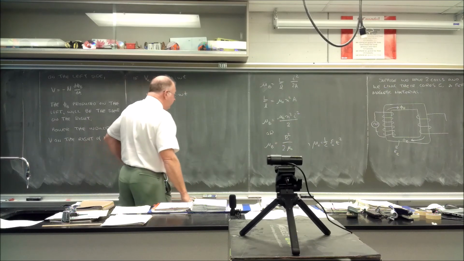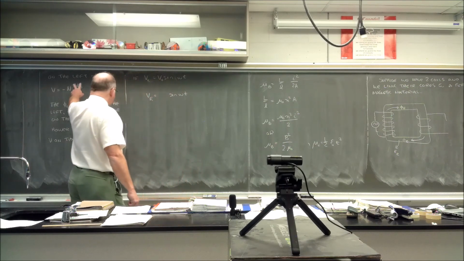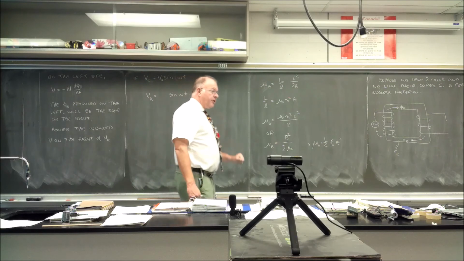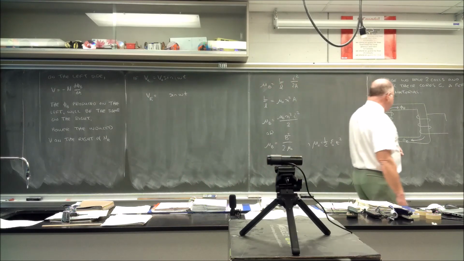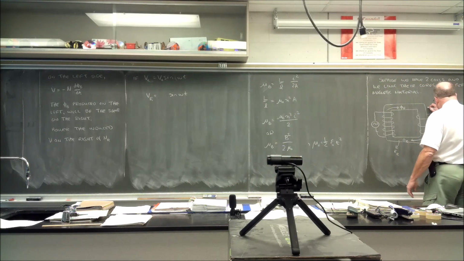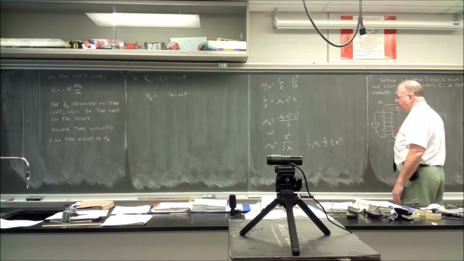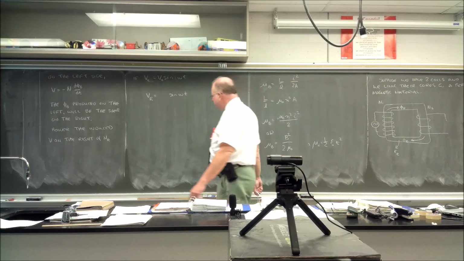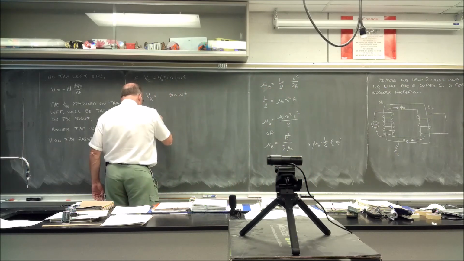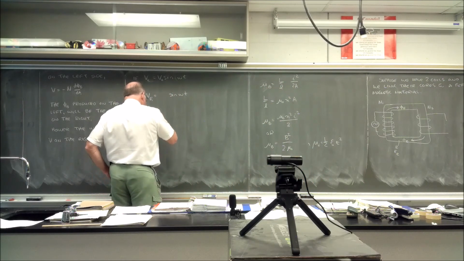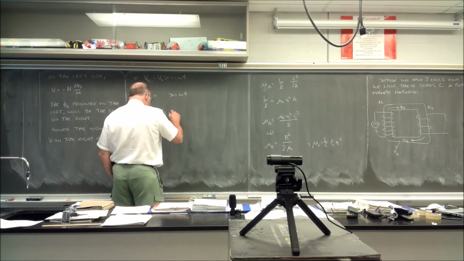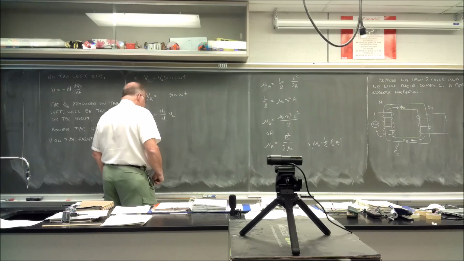but the flux that you're going to get will be the same, but you're not going to get the same voltage because it's proportional to the number of turns. So we have N2 and N1. And so VR is equal to N2 divided by N1 times VL.